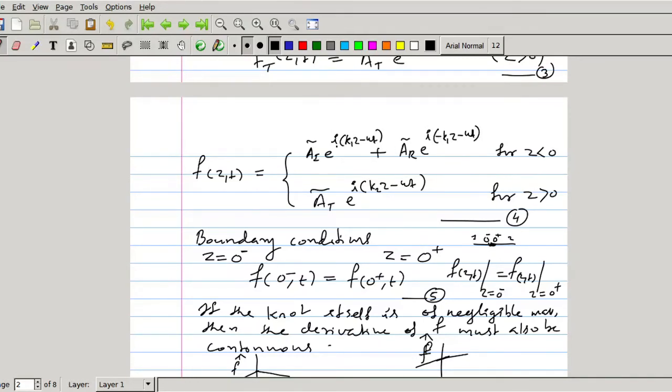For the reflected term, differentiating with respect to z gives minus I k1.